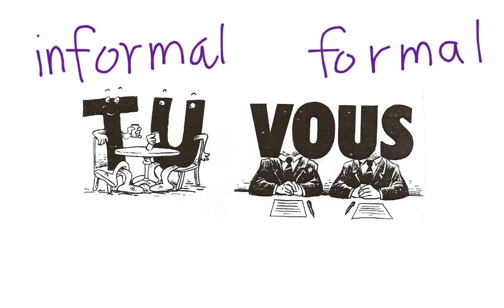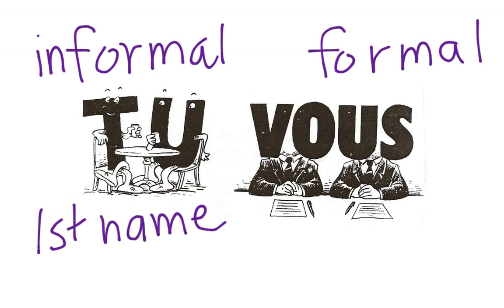So informal, tu, you see the T and the U are kicking back, having a soda together, hanging out, having a good old time. They are informal. They are friends. They call each other by their first name. They're on a first name basis. And then vous is formal. You see two people in suits. They are definitely down to business.